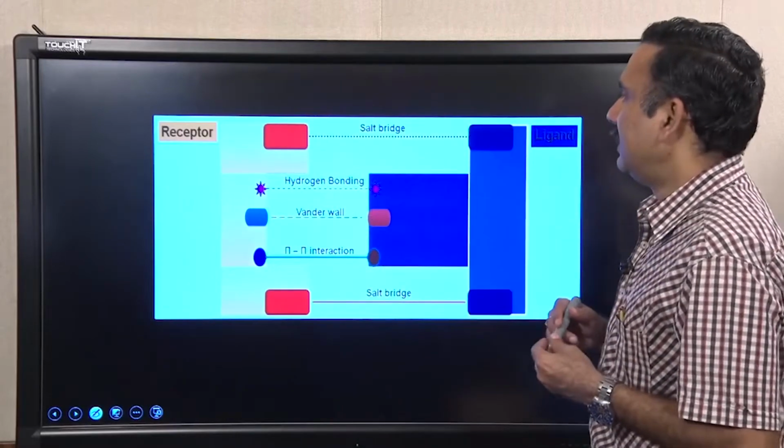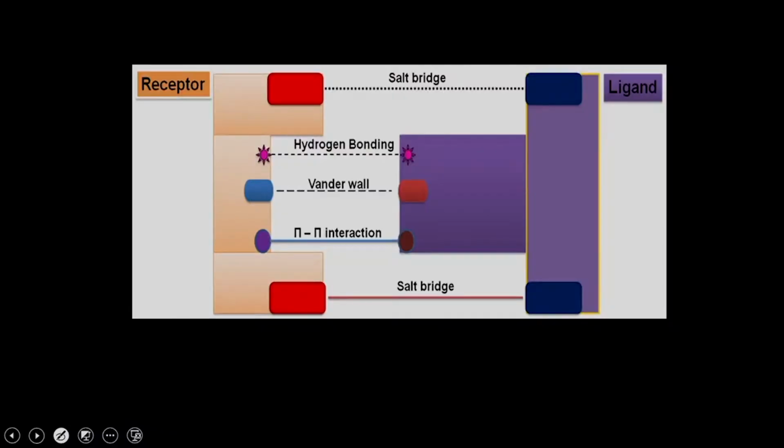As we discussed last time, the receptor and the ligand make a pair, because they share several interactions.